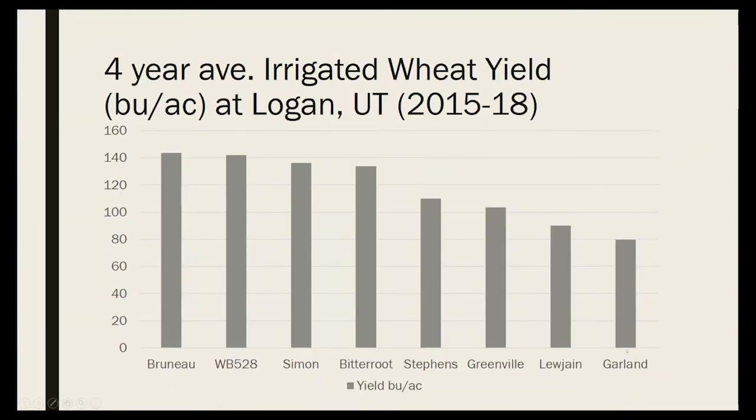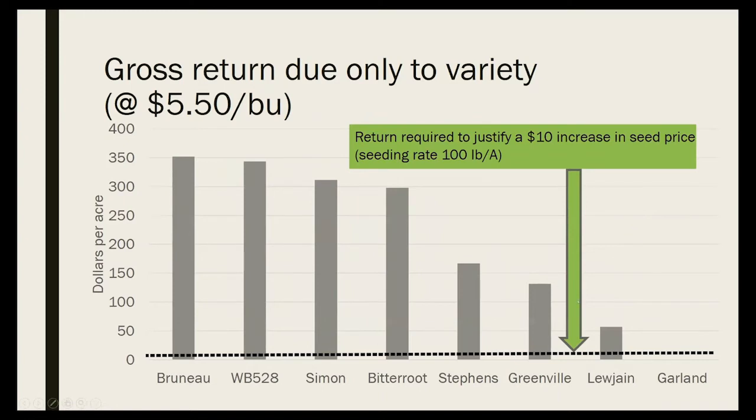So let's say, for instance, that I grow Garland on my farm, and I'm nervous to take the next step to grow one of these other varieties because the other variety, let's say it costs $10 more per hundredweight for me to buy. And I think there's no way that's going to make any sense. All I've done here is I've taken the difference in yield.